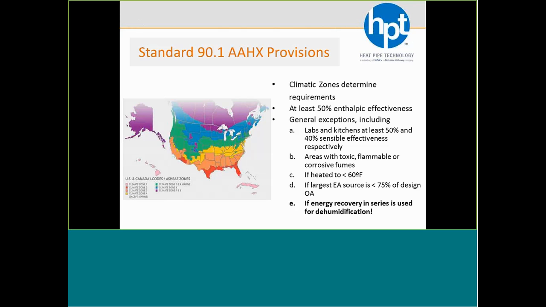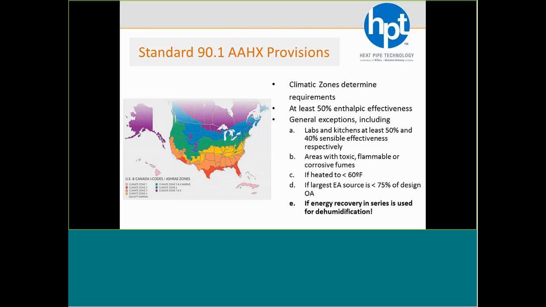So basically, energy recovery in series, what is that? I mean, that's what a wraparound heat pipe is doing. We're recovering heat on one side of the cooling coil and, in the same series of airflow, redistributing that heat as reheat. So basically, if you use a wraparound heat pipe, you have met code and don't have to do anything else. So know that, one, if you're doing it already, you don't have to do anything else.